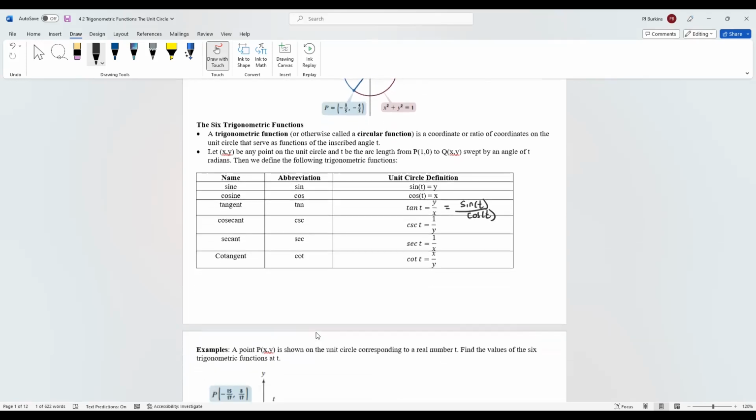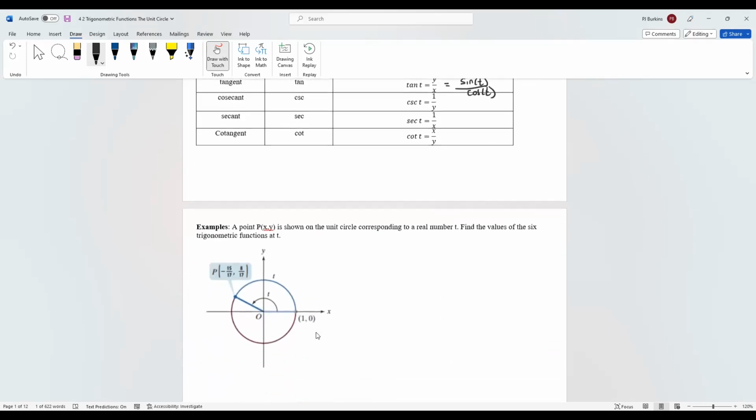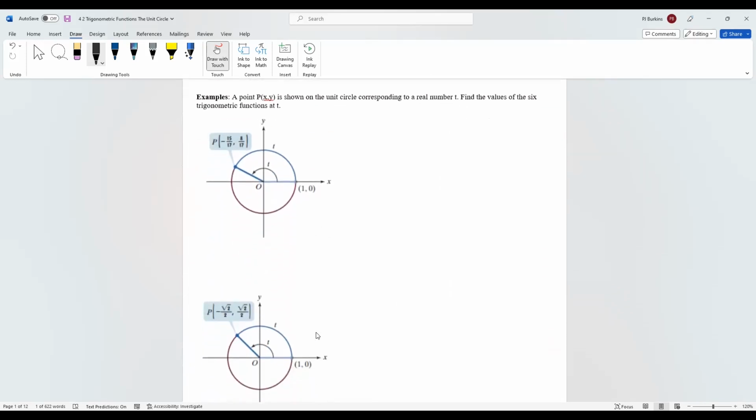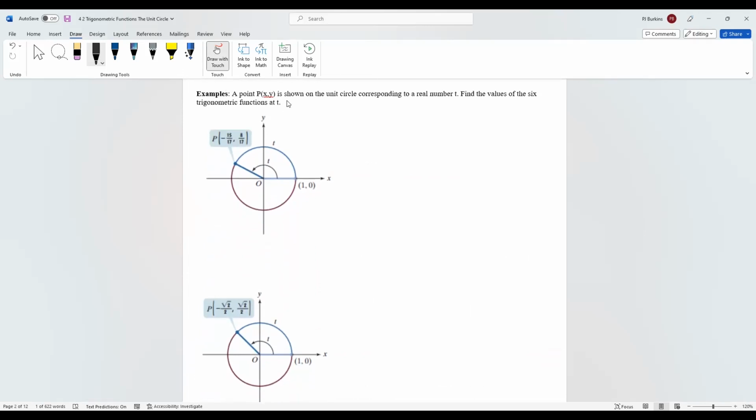Let's go ahead and apply the unit circle to those trig functions. So we have a point here on the unit circle corresponding to a real number t. Find the values of the 6 trig functions at t. So we know that sine of the angle t is just the y coordinate.